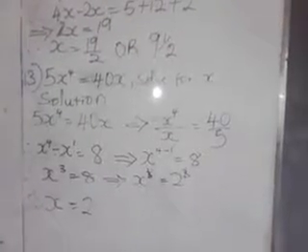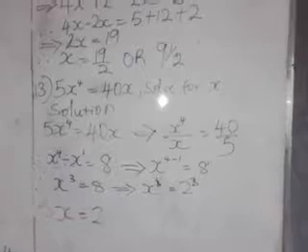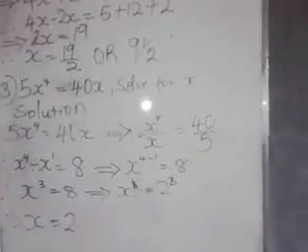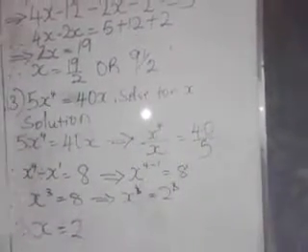Number 13. 5x raised to power 4 is equal to 40x. So we begin to have things that appear different. 5x raised to power 4 equal to 40x. So I will change this to x raised to power 4, all over x, equal to 40 over 5.